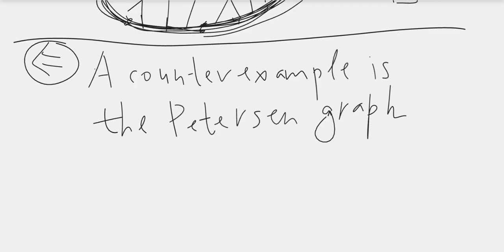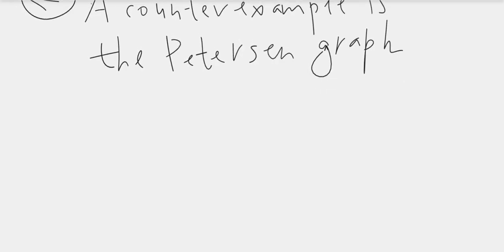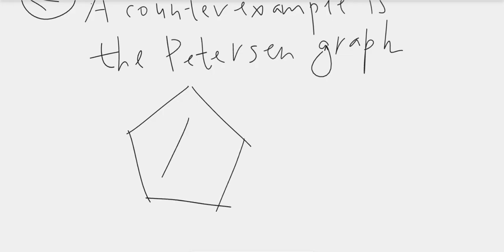So the Petersen graph looks like this. It has 10 vertices and 15 edges.